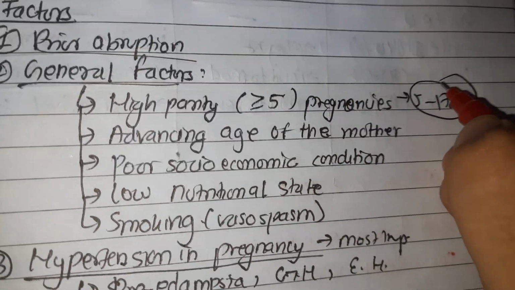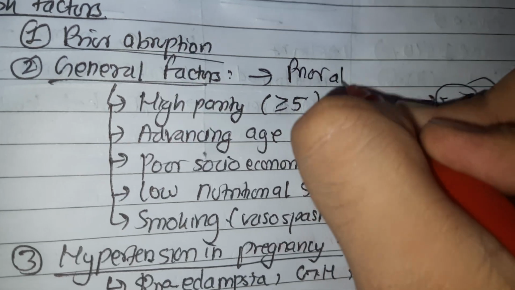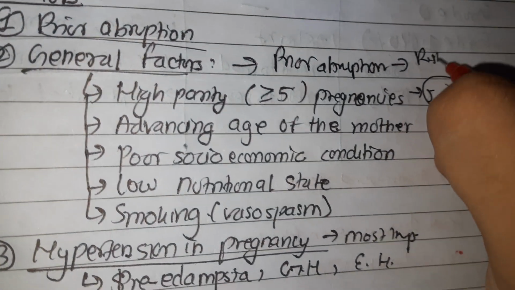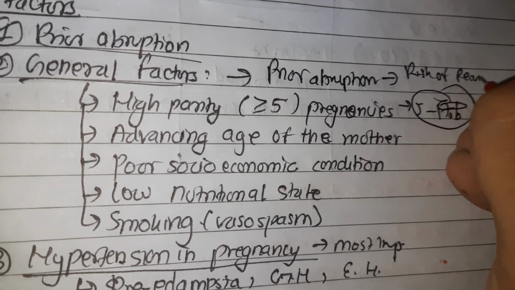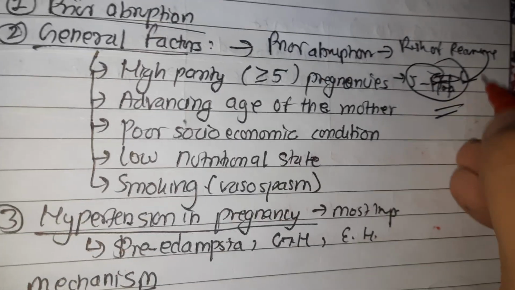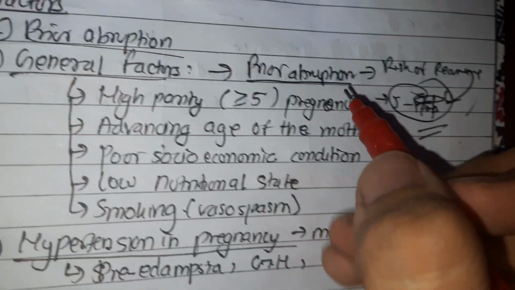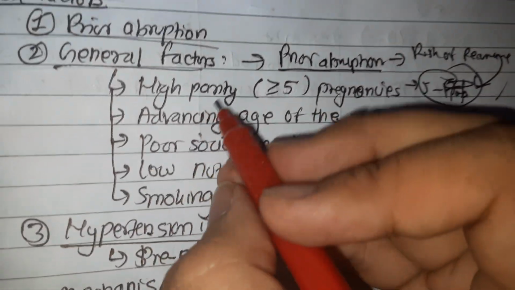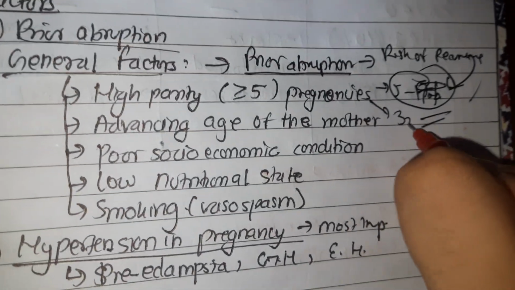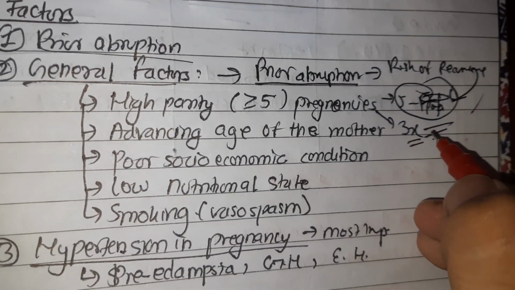In the prior abruption, the risk of recurrence is 5 to 17%, so there is a 5 to 17% chance that it will recur. Prior abruption is one of the important risk factors. Next is high parity, more than or equal to 5 pregnancies. It has a 3 times higher risk than in first birth.